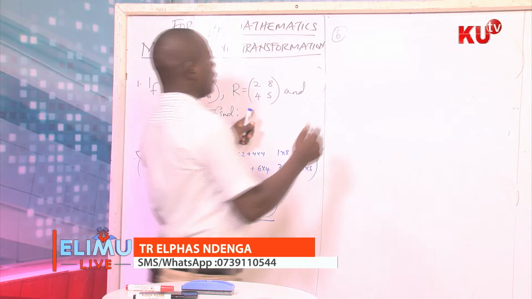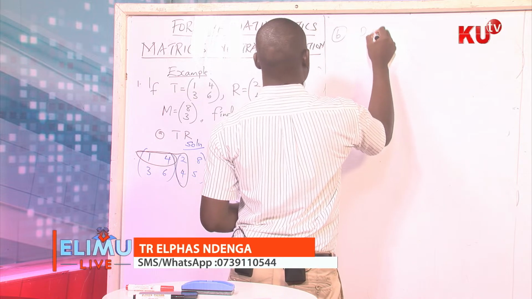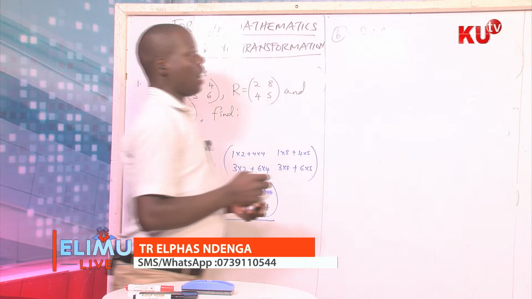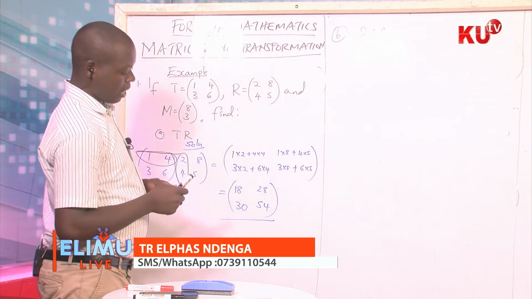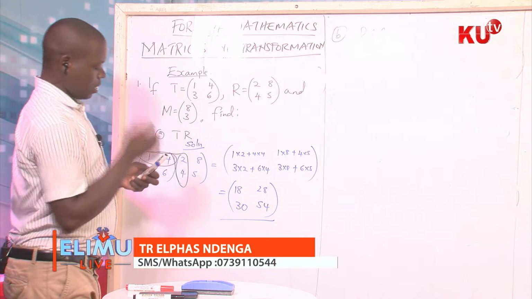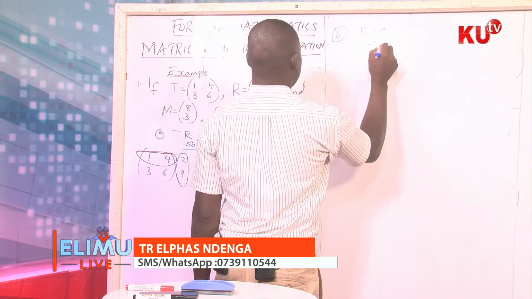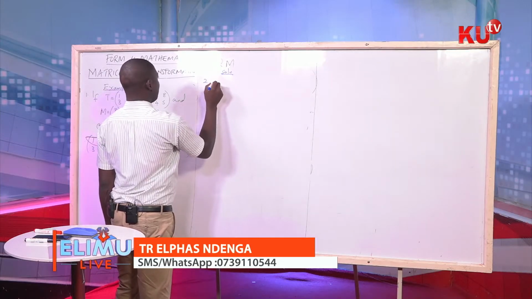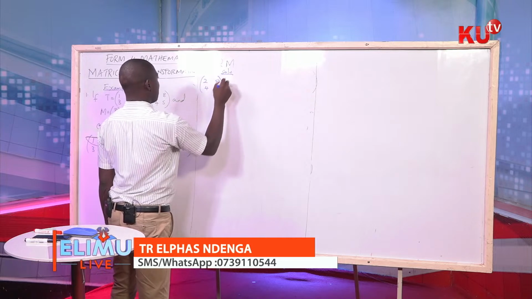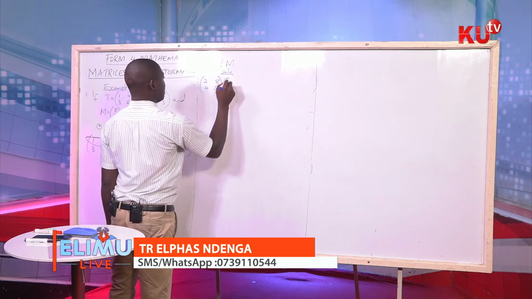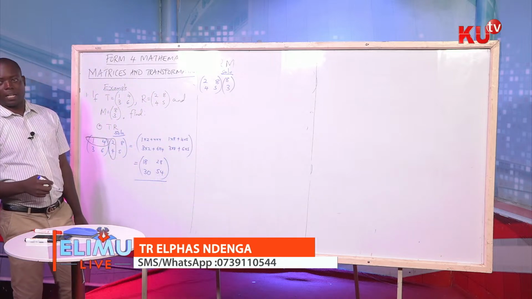So we will be asked to find the product of the matrix R, M. R times M. So we'll write R is 2, 8, 4, 5. We multiply by M, which is 8, 3.